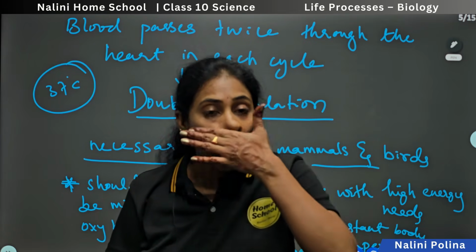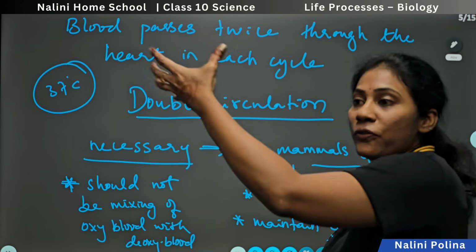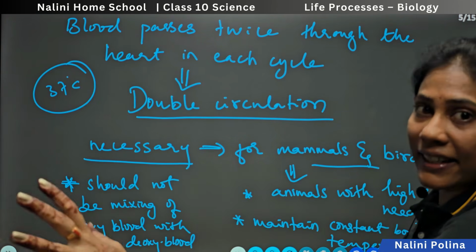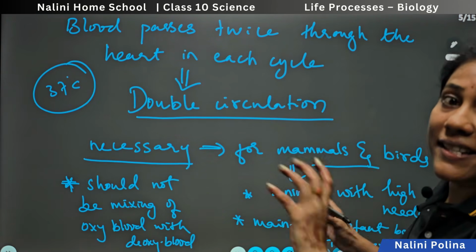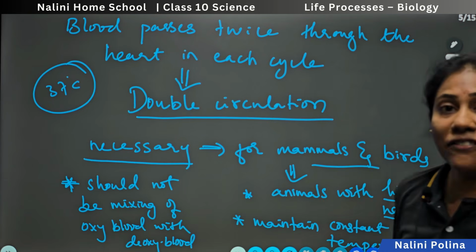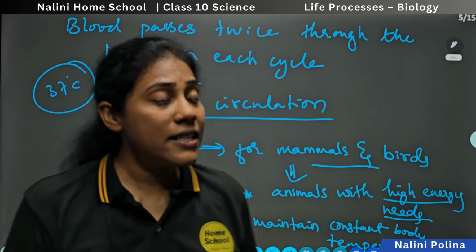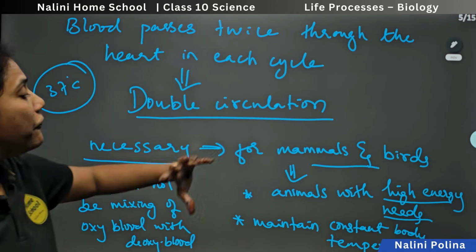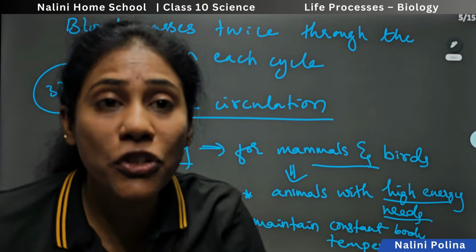Yeah. So oxygenated blood has to move on one side, deoxygenated blood on another side. Both should not get mixed. That is very much required for the animals with high energy needs. We need energy for everything. For high energy needs, to maintain our body temperature constant, efficient supply of oxygen should happen.